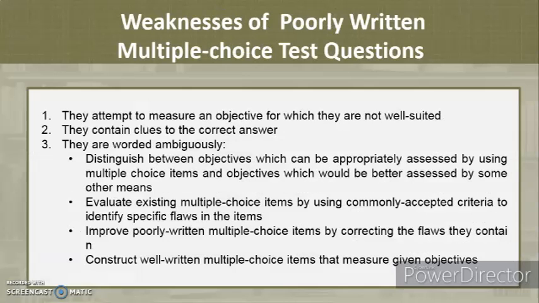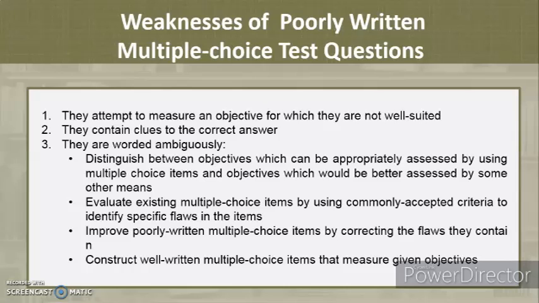For the weaknesses of poorly written multiple choice test questions, first, they attempt to measure an objective for which they are not well suited, they contain clues to the correct answer, and they are worded ambiguously. So distinguish between the objectives which can be appropriately assessed by using multiple choice items, and objectives which will be better assessed by some other means.